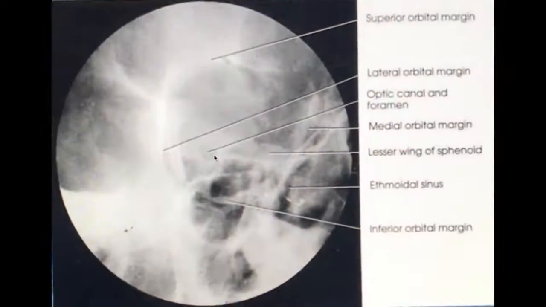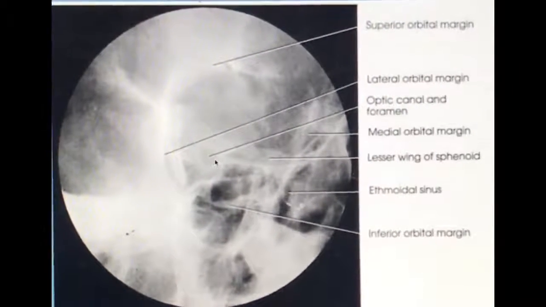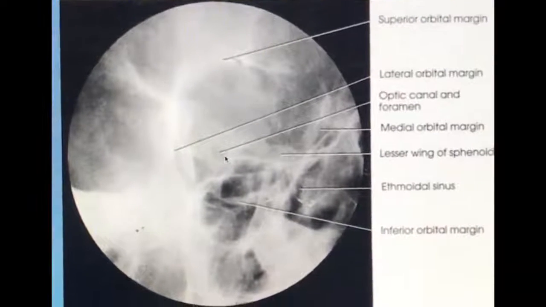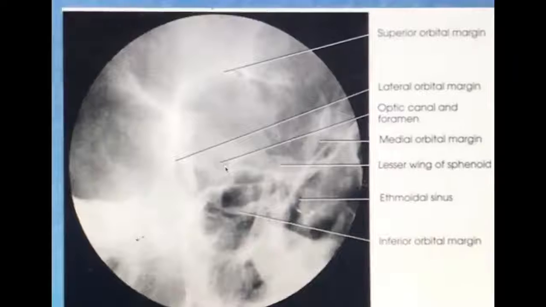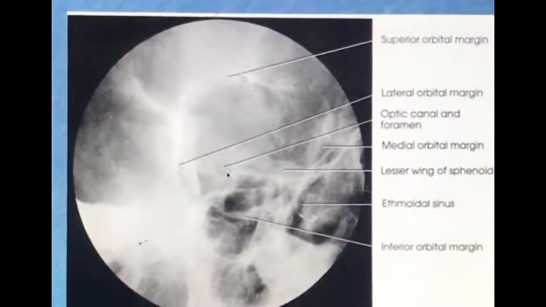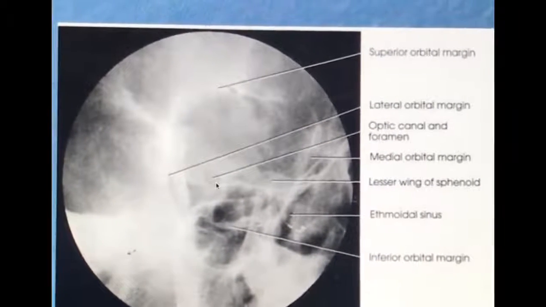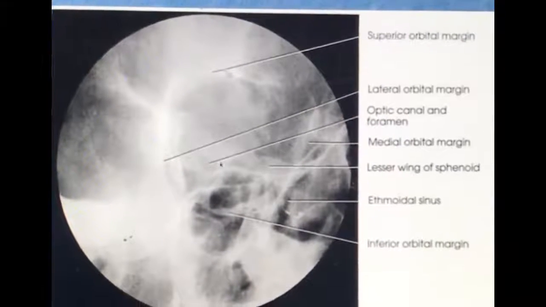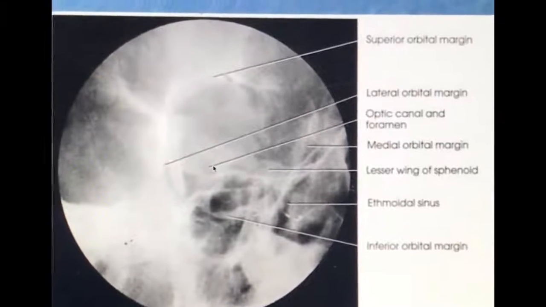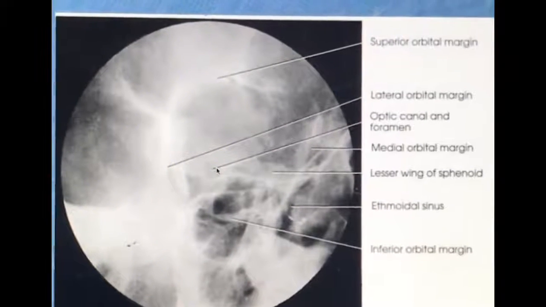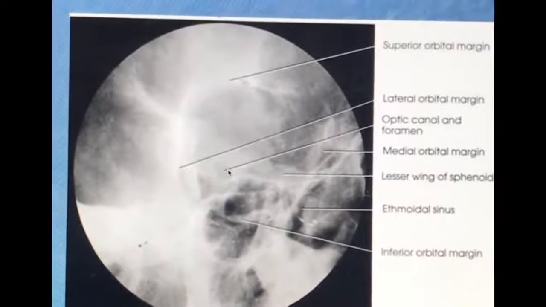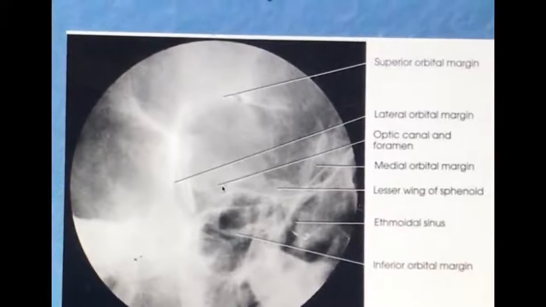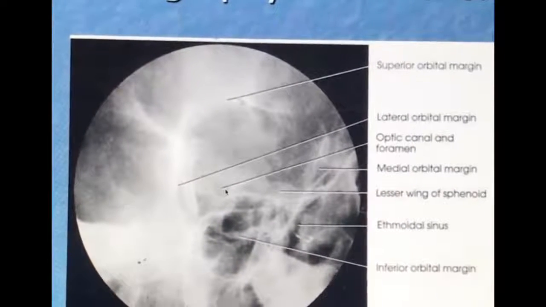So evaluation criteria for the parieto-orbital oblique view, which is mainly done to illustrate the optic foramina. In terms of positioning, you should have adequate positioning when you are able to see the optic foramen in the lower quadrant of the orbit. The acanthiomeatal radiographic line, or your AML, should be perpendicular to the image receptor for adequate positioning.